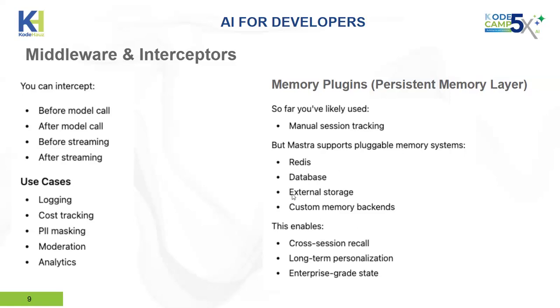So, of course, what this enables for you when you are building your application is that you can store memory and conversation for much longer. You can retrieve them long after those conversations happened. You can have personalization, user selections, user settings, user preferences.